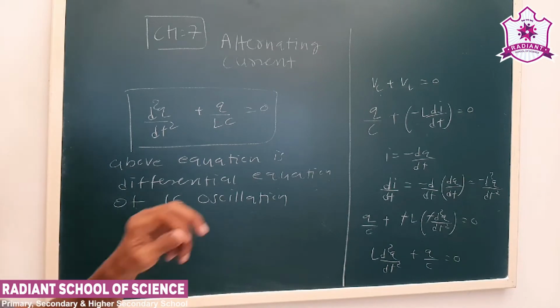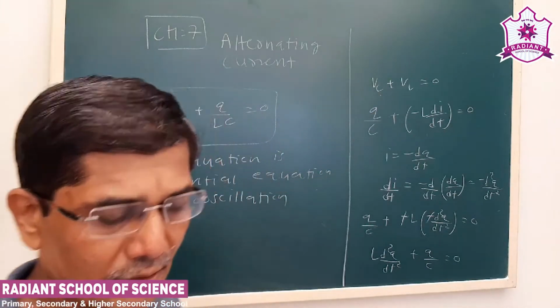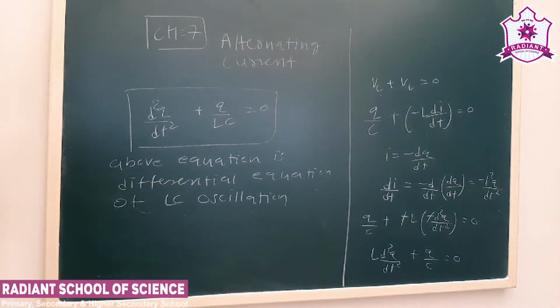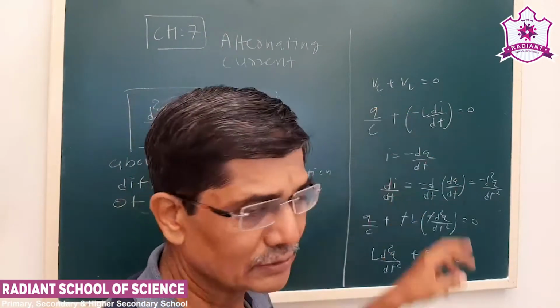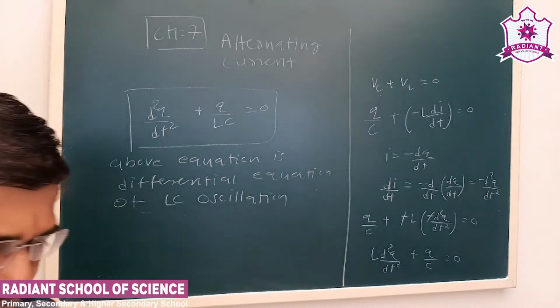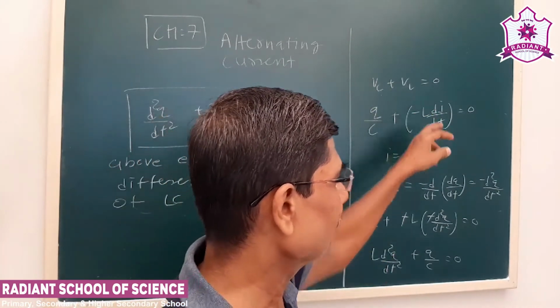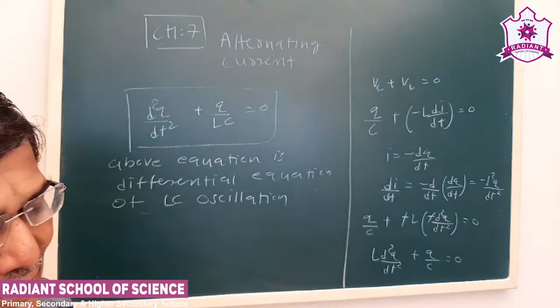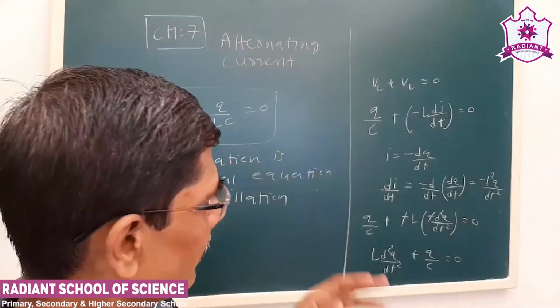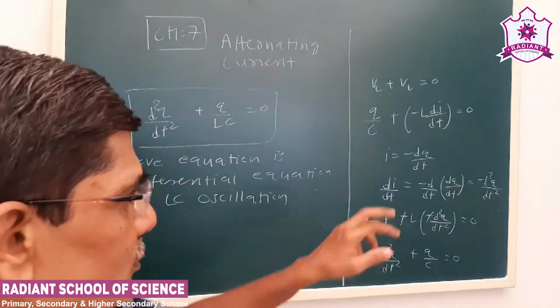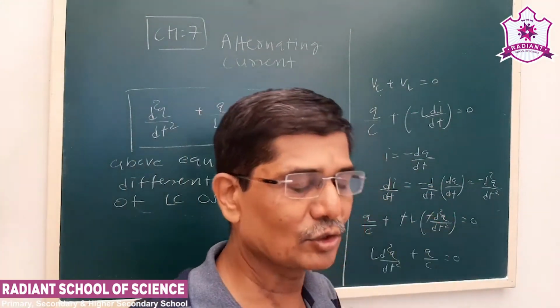Now see here, voltage on the capacitor plus voltage on the inductor is 0. VC is Q by C. VL, the potential difference across the inductor, is minus L di by dt. Initially the capacitor is charged, so when the inductor is connected, the charge on the capacitor decreases, so that's why we write I is equal to minus dq by dt.